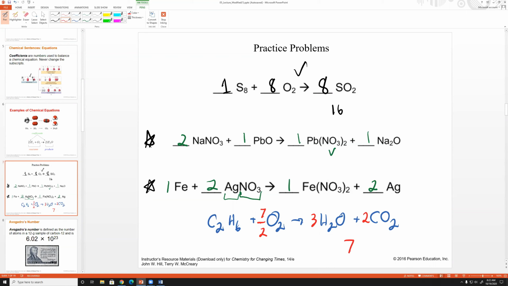If it's easier for you to think about it that way, you could just write 3.5. There's nothing wrong with that. Basically, you're asking yourself, what times 2 equals 7? So just like math, 3.5. Is that better?